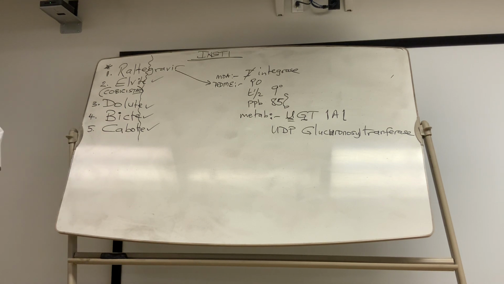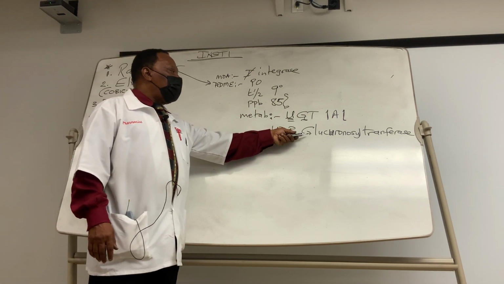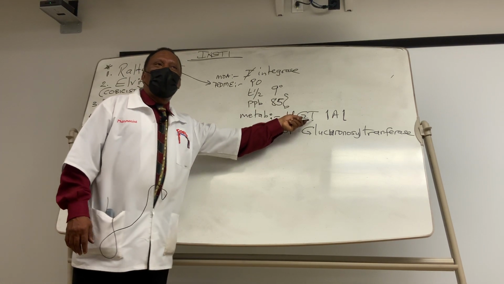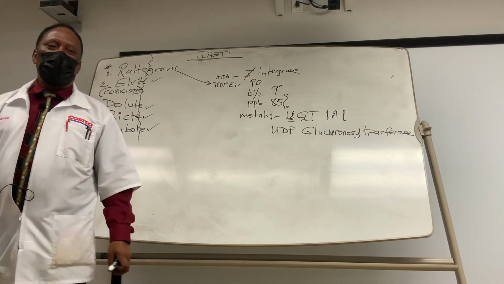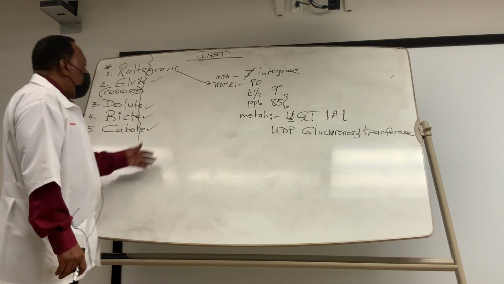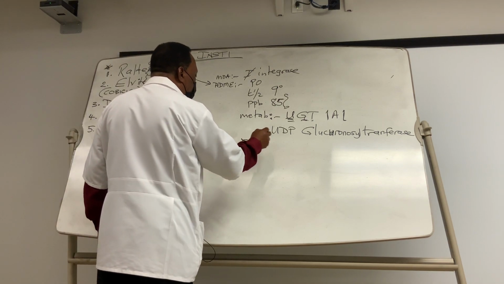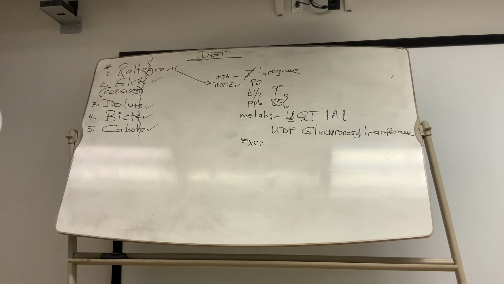On the other hand, omeprazole, your PPI, would depress the actions of that UGT1A1, and so that would lead to an increased level of your intact raltegravir. Okay, so that's the metabolism there, and the excretion can be both renal and fecal.